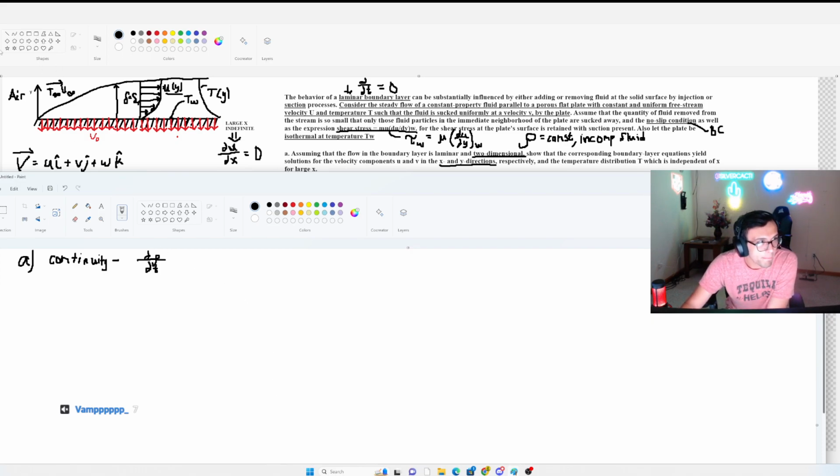So it's partial rho over partial t plus, this is it lengthened out.